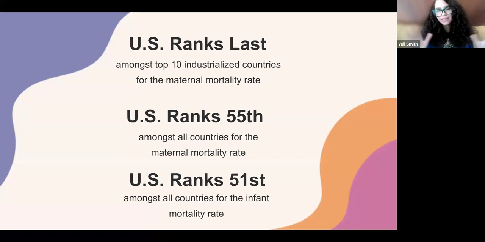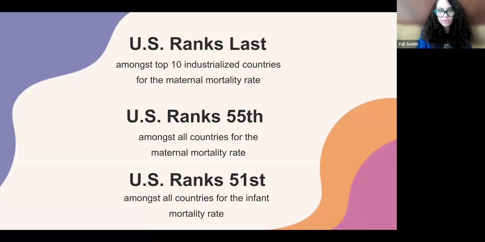Now, the US in total, when we're compared against our high income peers, other high income, industrialized countries, amongst the top 10, the US ranks last. US ranks dead last when it comes to maternal mortality rate.